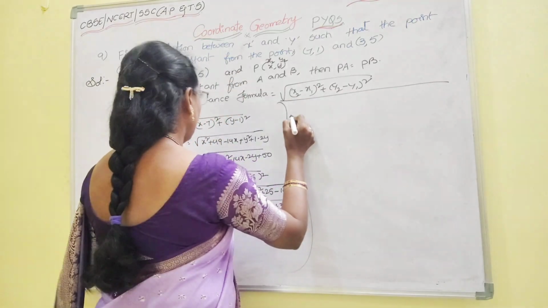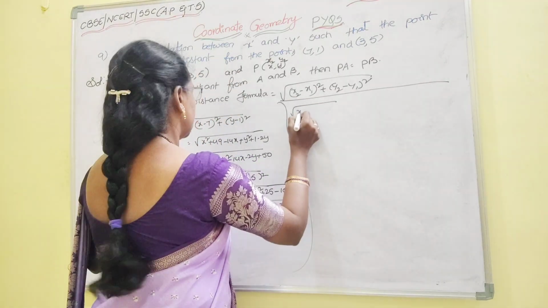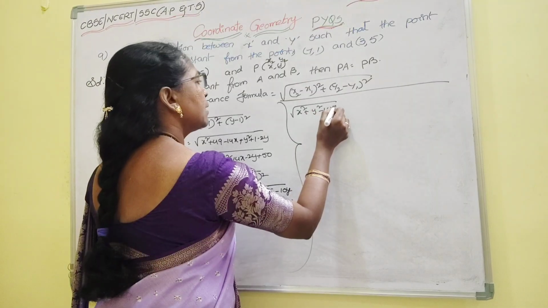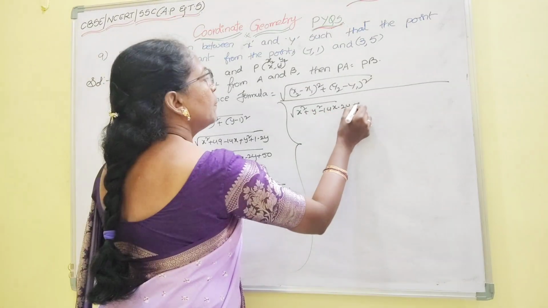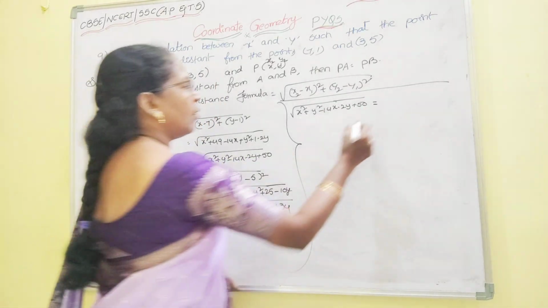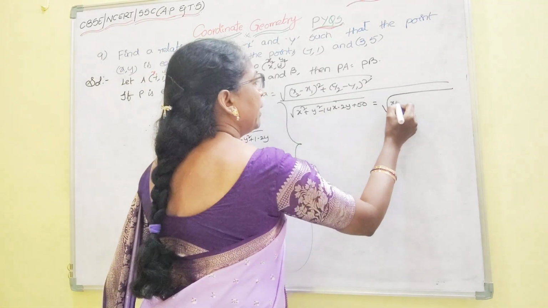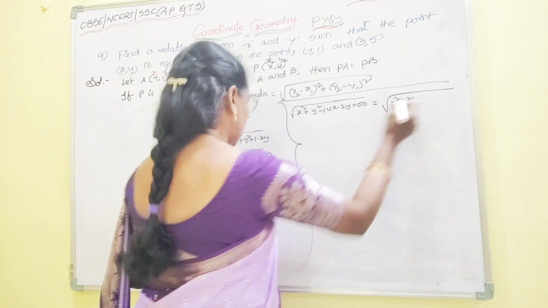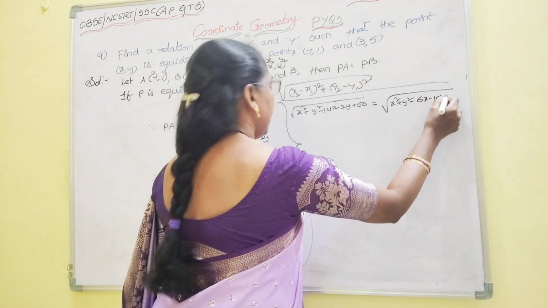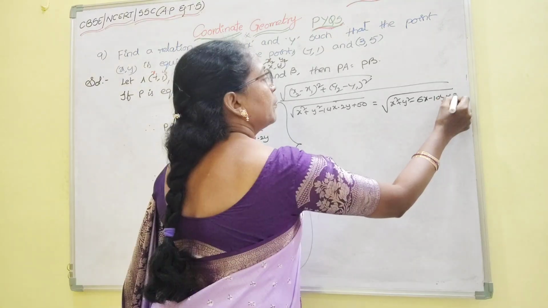Just write down the square root of x square plus y square minus 14x minus 2y plus 50 equals the square root of x square plus y square minus 6x minus 10y plus 34.